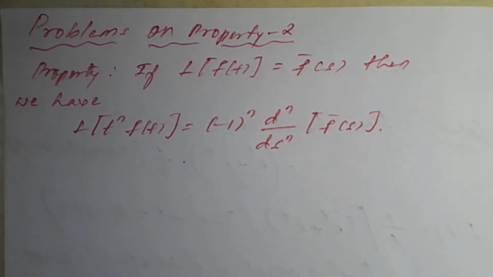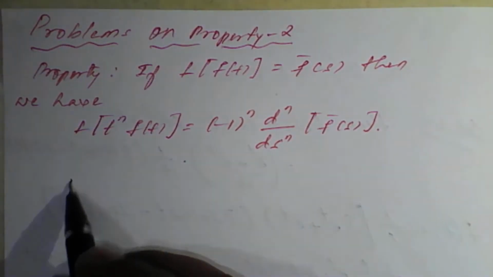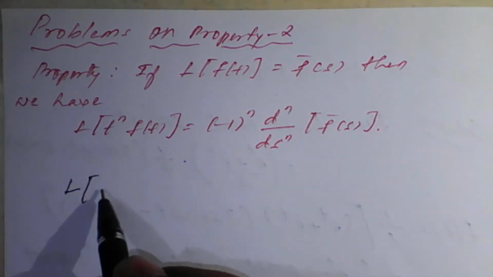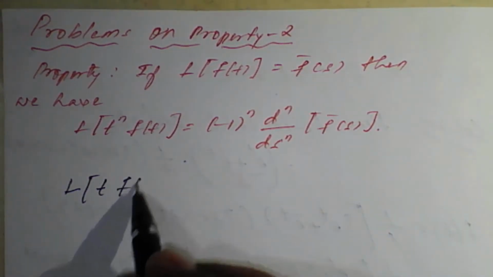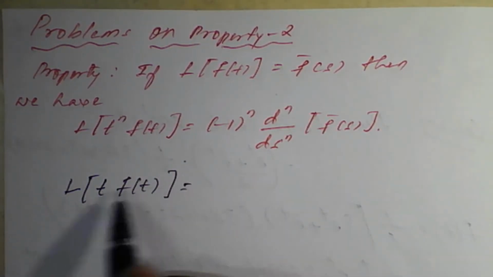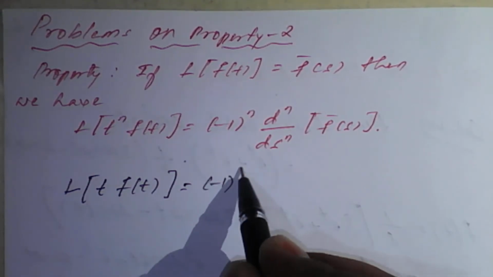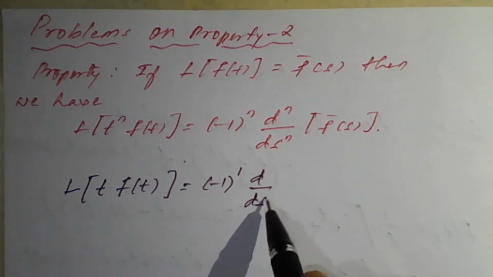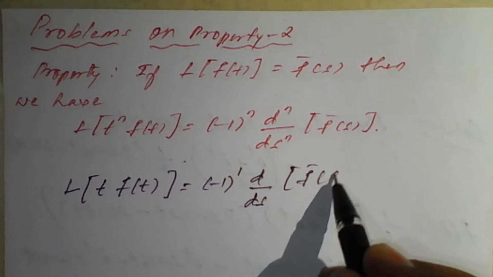So similarly I can say that if n is 1, so t of f of t, here n value is 1, so what happens here? Minus 1 raised to 1, d raised to 1 upon ds raised to 1 into f dash of s.